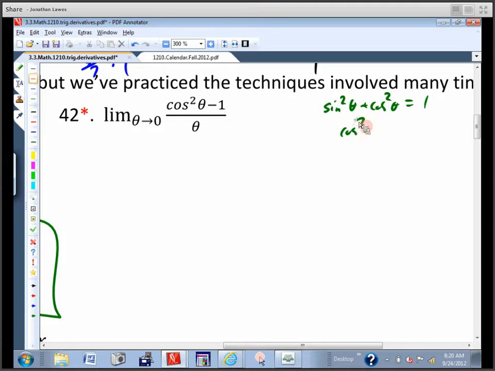So that would be cosine squared theta minus 1 equals sine squared of theta with a negative in front of it. Is that right? So this is going to be the limit as theta approaches 0, negative sine squared theta over theta. Good idea?